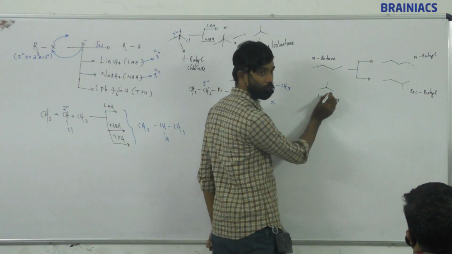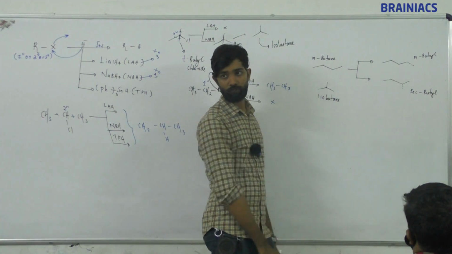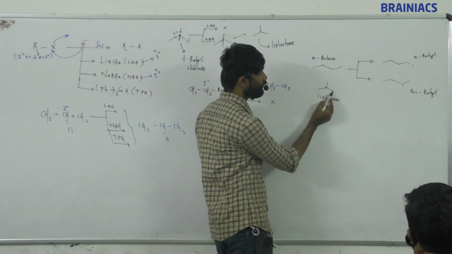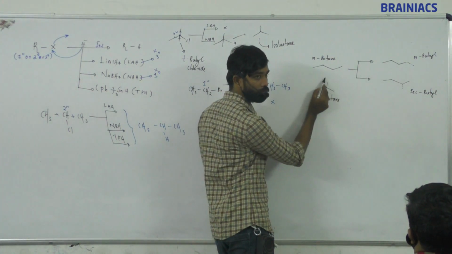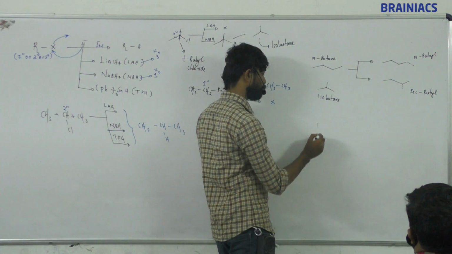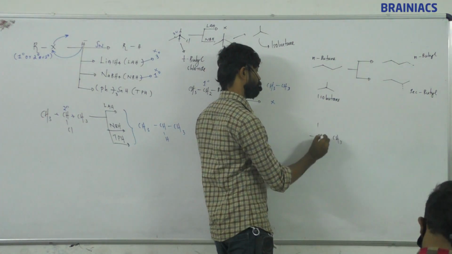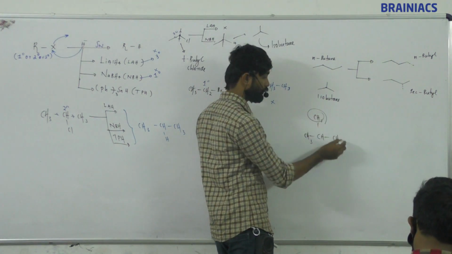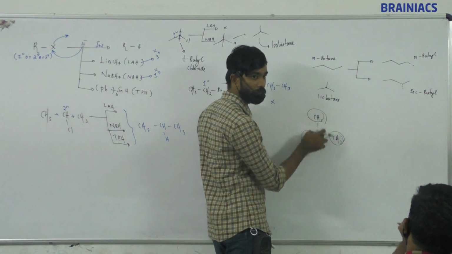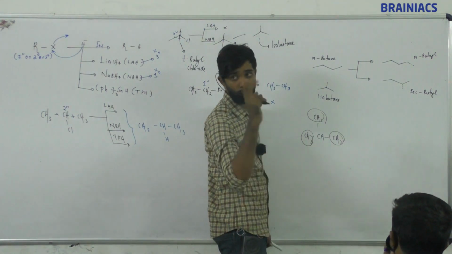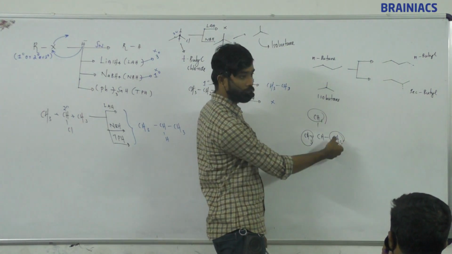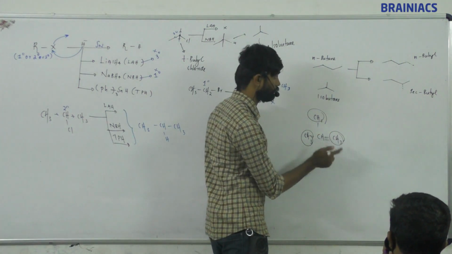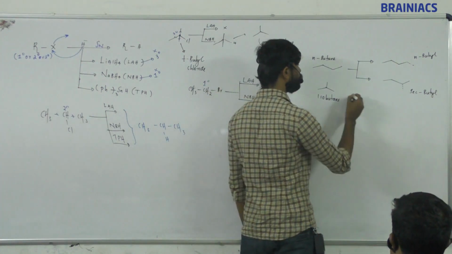Like that, we have isobutane. Here also there are two different positions. What are they? This CH3 is identical with this one also. You know the shape. This is isobutane, right? Okay. So these three are identical with this point. There are two different hydrogens. One is at the end, and this is a tertiary one. So we have two possibilities to remove hydrogen.